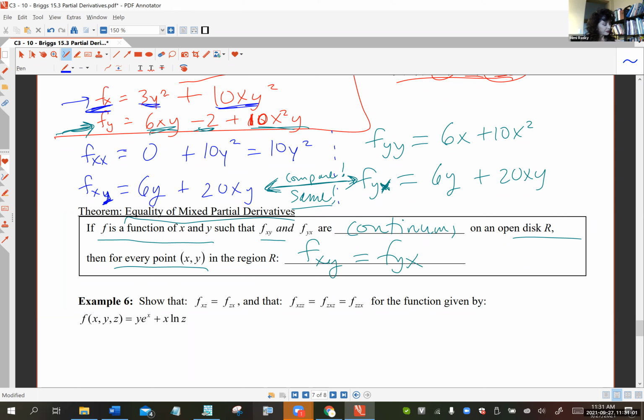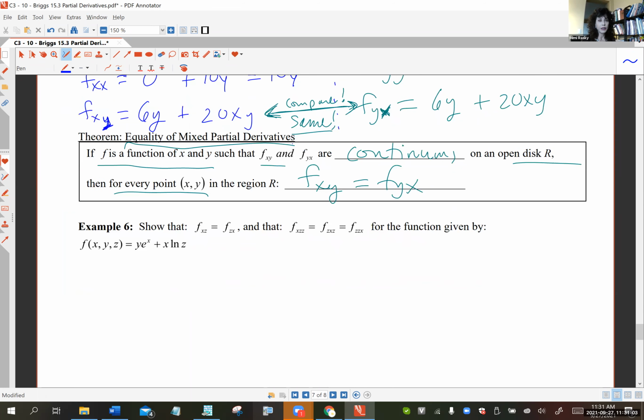And now my grand finale. In the grand finale, we're going to get higher order partials. We're going to get not just second partials, but third partials. What? Yeah. So it's kind of fun. So in this process, we're going to show that these two mixed partials, fxz and fzx, are equivalent, as they should be.